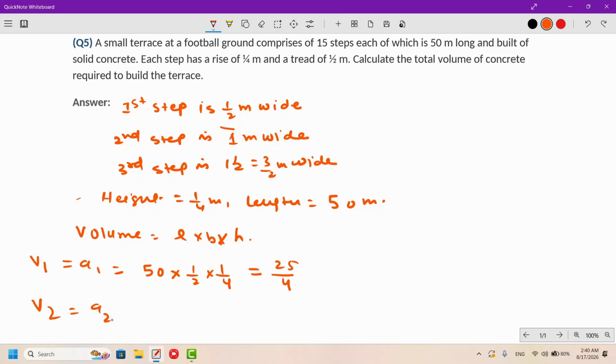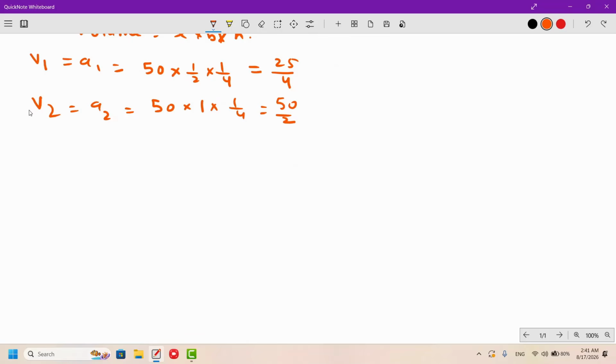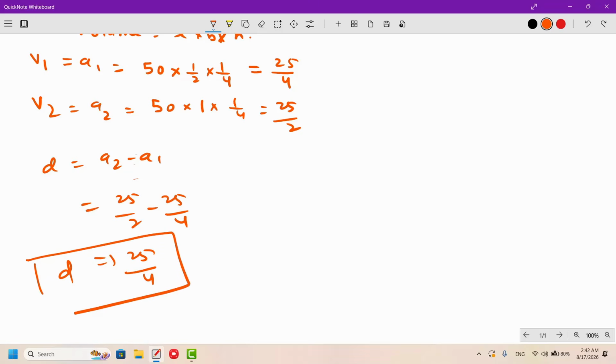V2, that is A2, is 50 times 1, width is 1, height is again 1/4. So this is 50/4. So volume 1 and volume 2 we get, so A1 and A2. So D we can find out, D is equal to A2 minus A1, which is 25/2 minus 25/4. So D is 25/4.